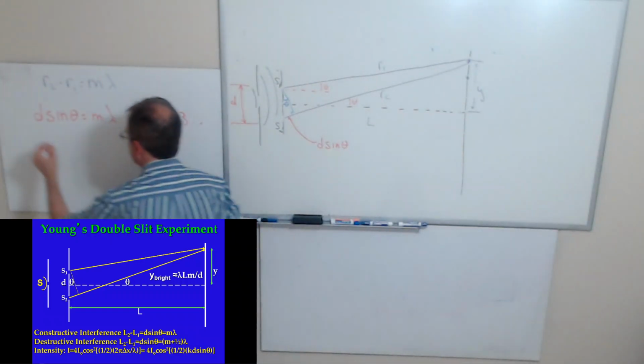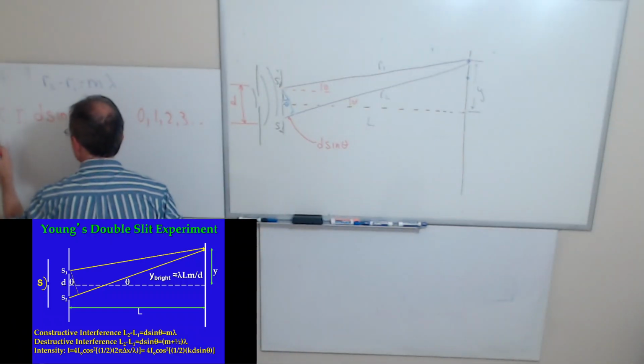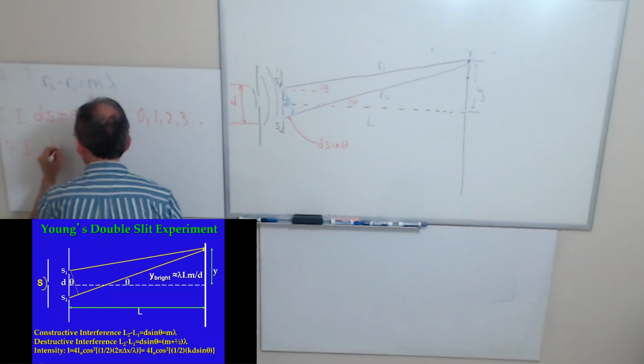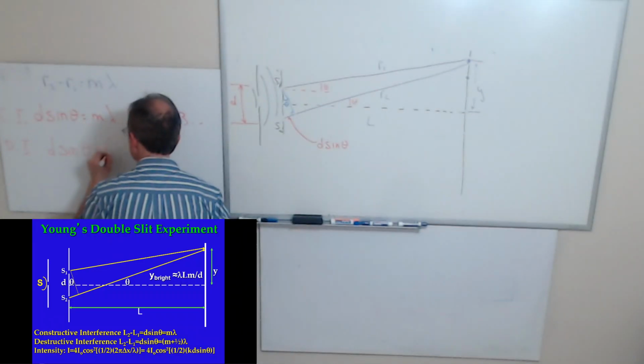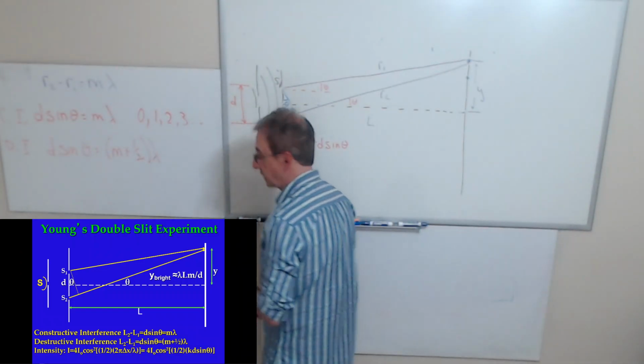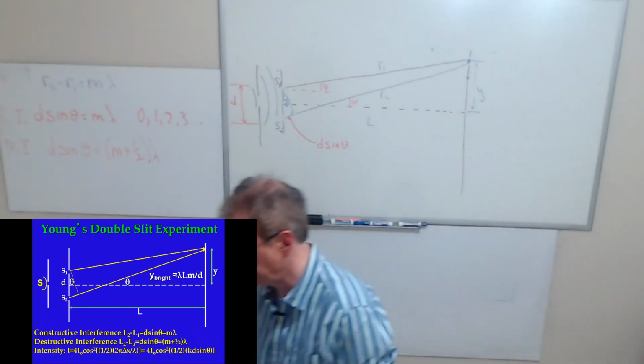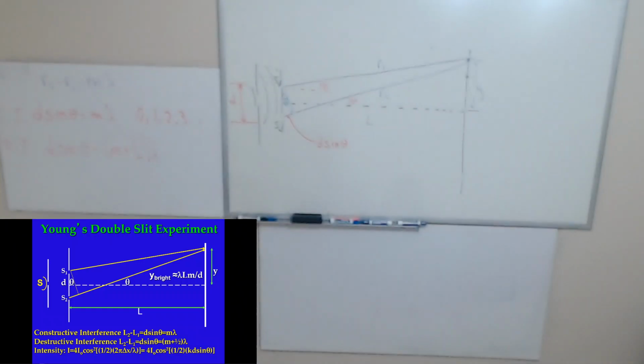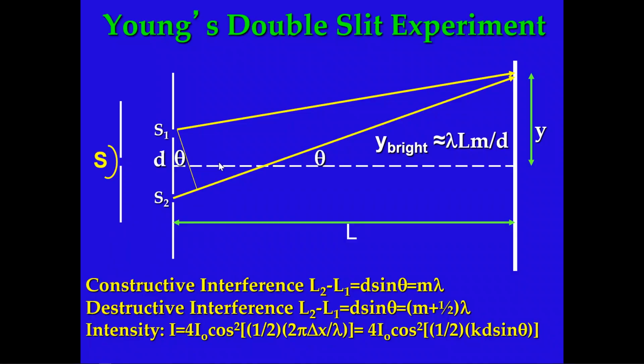And so for destructive interference, you get d sine theta equals (m plus a half) lambda, where m again is 0, 1, 2, 3, etc. I do have the equation for intensity shown there in the slide. I will get to that equation. So these are the results. This explains the Young double slit experiment, the condition for constructive interference and destructive interference.